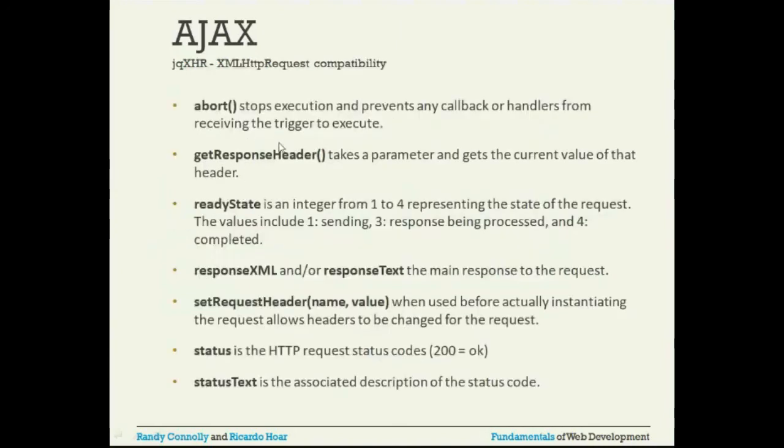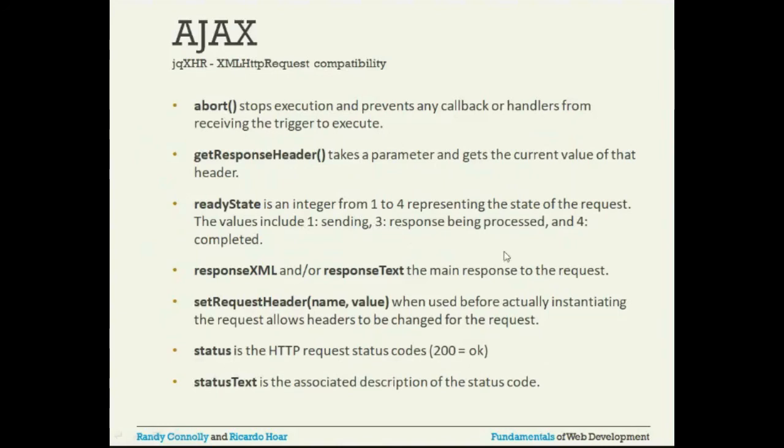So these are the methods. abort stops execution and prevents any callbacks or handlers from receiving a trigger to execute. getResponseHeader will get the header of the response; it takes a parameter and gets the current value of the header. readyState is an integer from 1 to 4 representing the state of the request.